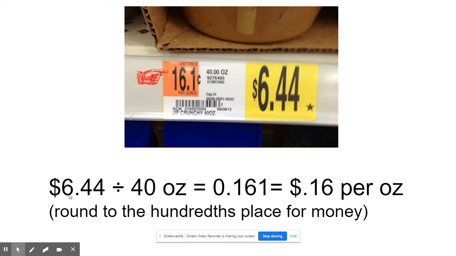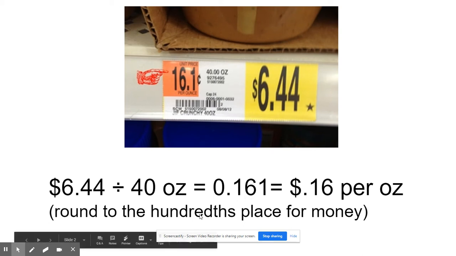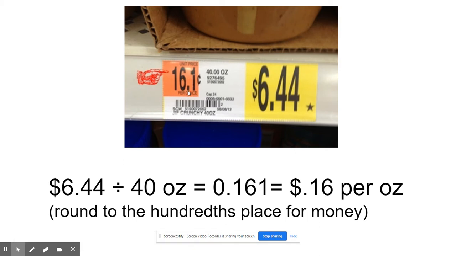So we divide the $6.44 by the 40 ounces, and we find out it's going to be 161 thousandths, which, when we round it off to the hundredths place for money, is 16 cents per ounce. When you look at these tags in the store, a lot of stores put that up in the corner of the tag. It tells us that it's 16.1 cents per ounce.